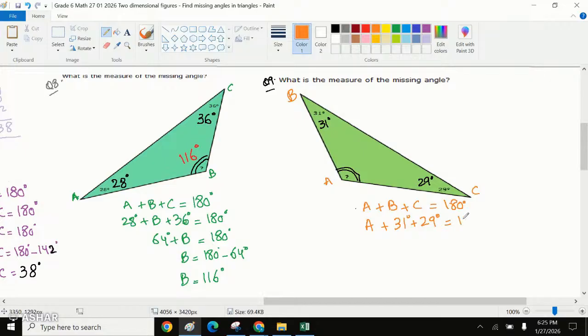It should be equal to 180. 31 plus 9 is 40. 40 plus 20 is 60. So can we say plus 60 was 180, and A would be 180 minus 60. Yes, thank you, Ashik. It comes out to be 120.